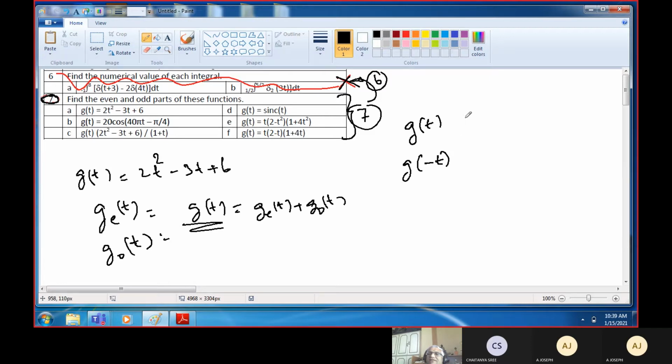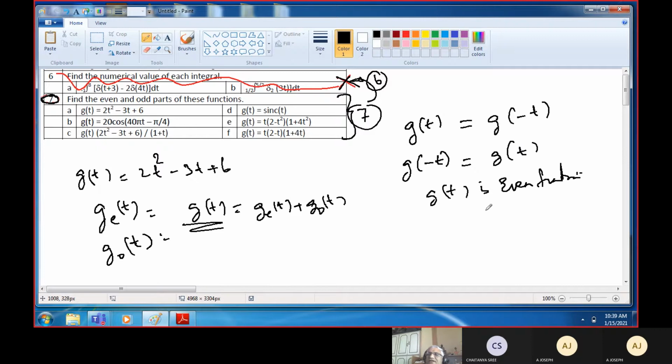Both are looking exactly the same. That is, g of t is the same as g of minus t. Then we say that g of t is an even function.